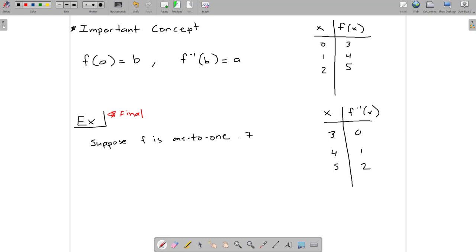And then it says if we know that f of 7 equals negative 3, what can we say about f inverse?